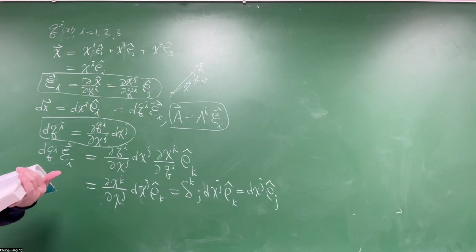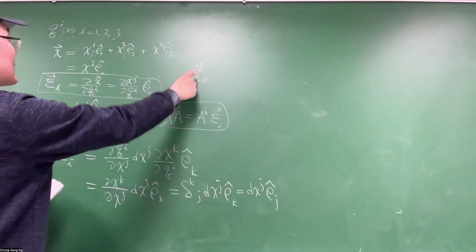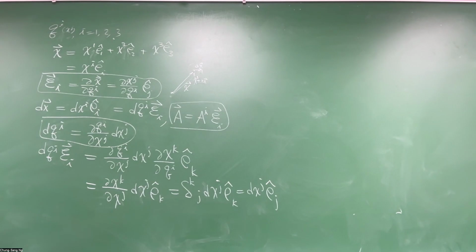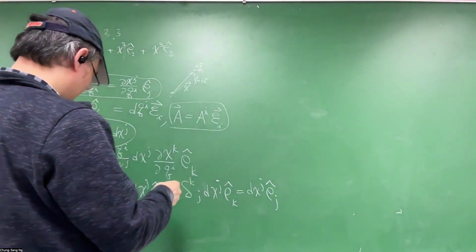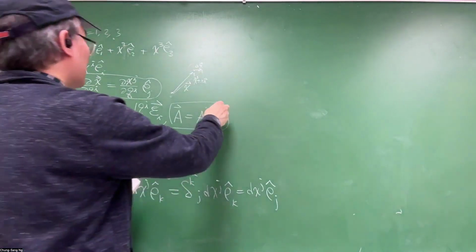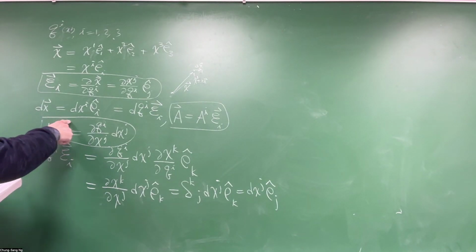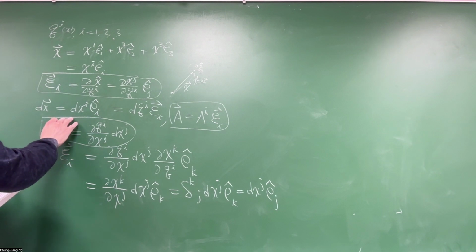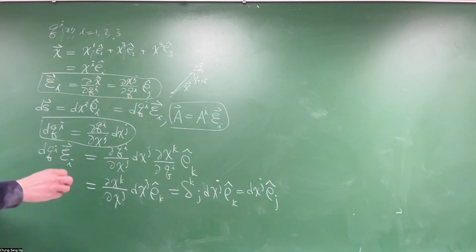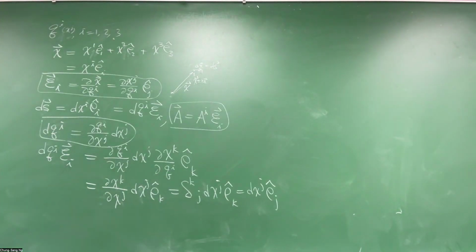Now we want to calculate not just the displacement vector, but its norm. We define it as ds, and we want to know the square of that.